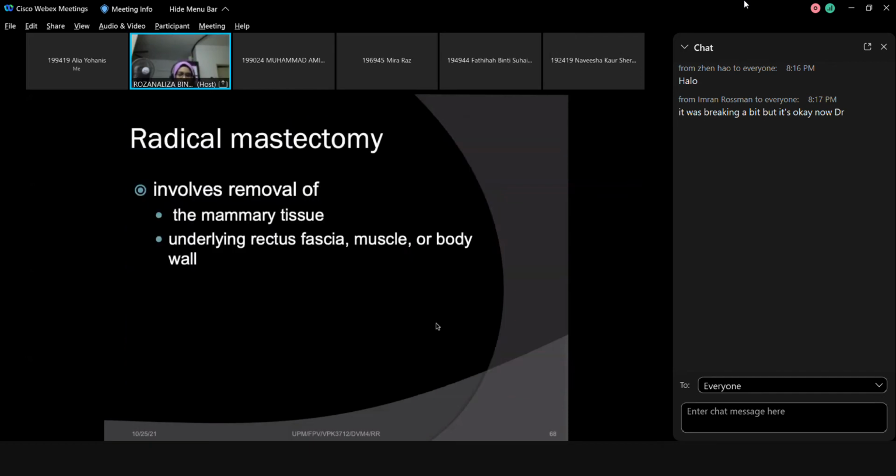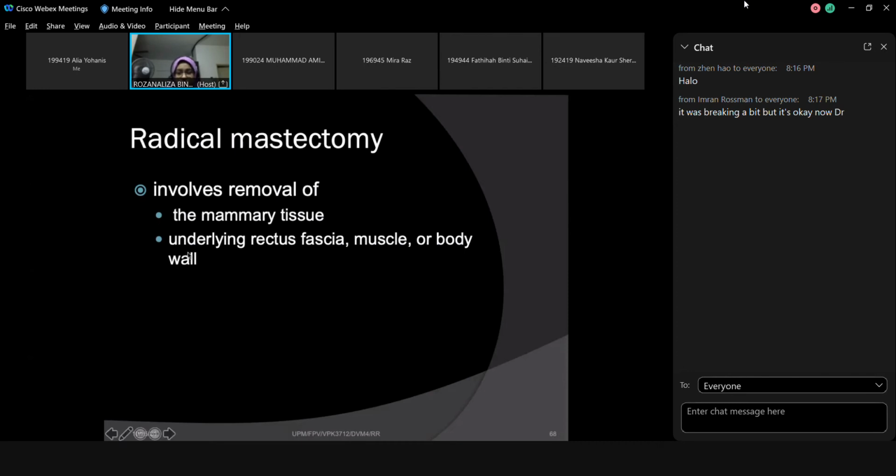So radical mastectomy, you want to perform it when it's very important. Before a surgeon even performs a surgery, you must examine your patient. If you find that the mammary gland, which has tumor-looking features, is already stuck on the muscle, you need to plan for radical mastectomy.